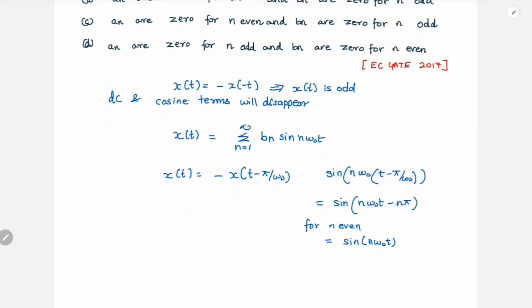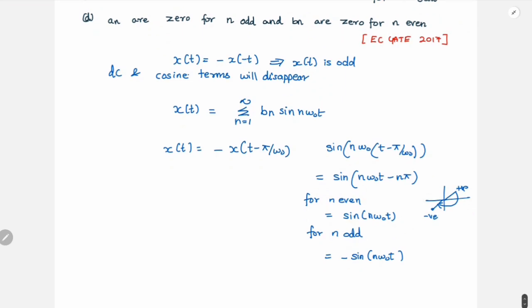If n is even, this becomes some 2n pi kind of thing, and it will be equal to sin n omega naught t. For n odd, this is going to be equal to minus sin n omega naught t, because there is a factor of pi difference. If it is in the first quadrant, sin is positive, and it will be pushed to the third quadrant where sin is negative. So it will become negative.